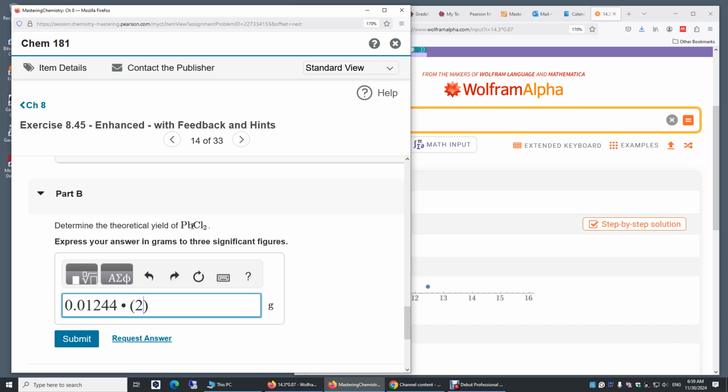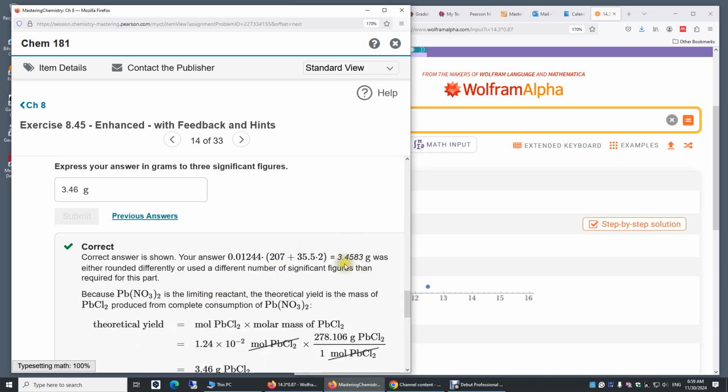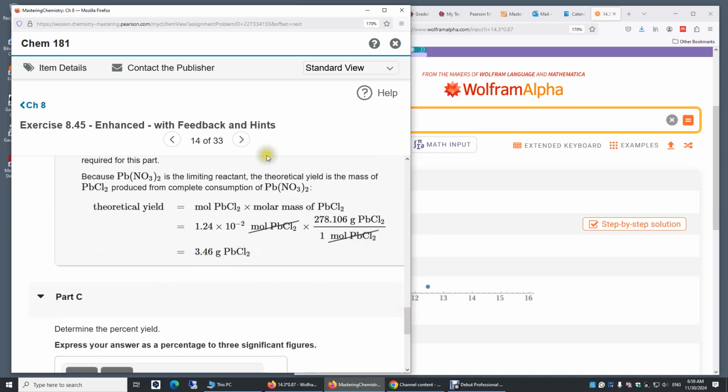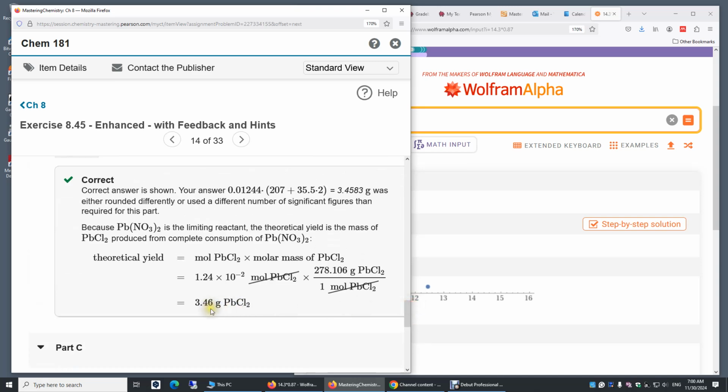Lead is 207, chlorine 35.5 times 2, because we have two chlorine atoms in the formula. We got 3.46. So this is the calculation. So supposedly we can get 3.46 grams of lead-2 chloride.